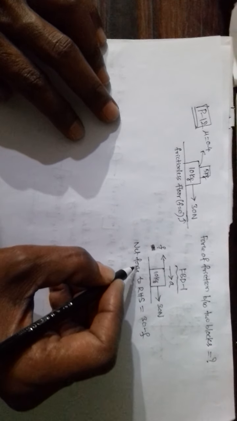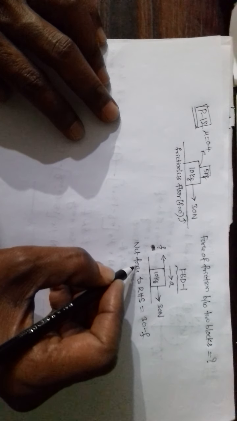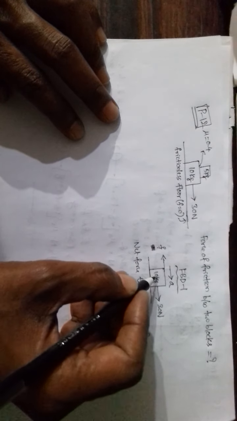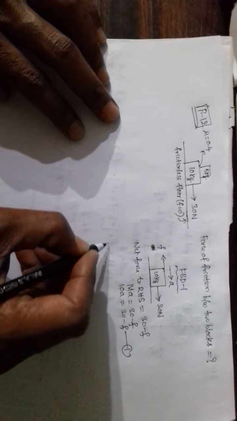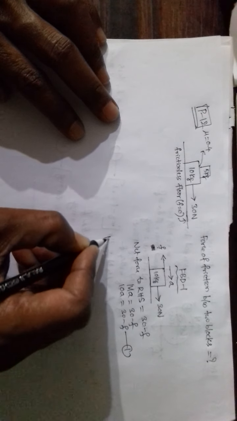And net force according to Newton's second law, F is equal to ma. Its mass is 10 kg. Now let us consider second free body diagram.